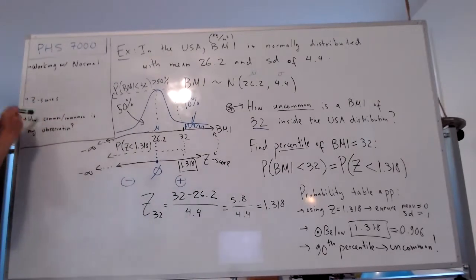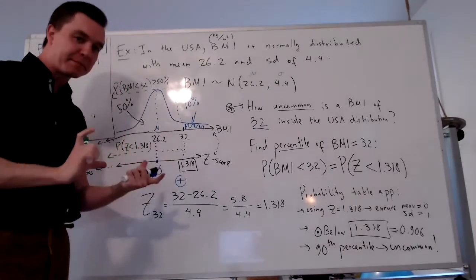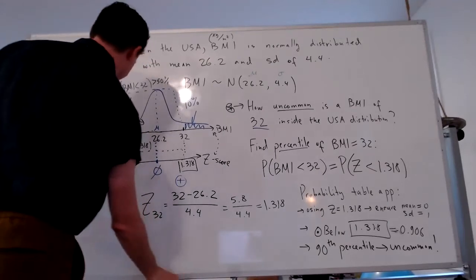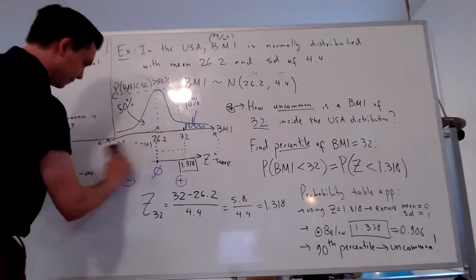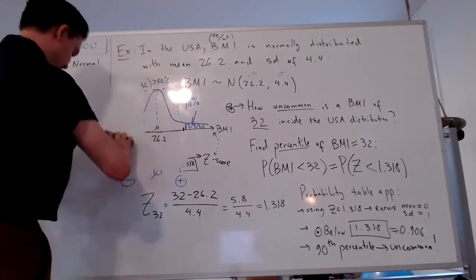So at this point, we have talked about Z-scores. We have talked about how telling an example of a common observation and an uncommon observation. There's only one thing left to do for this lecture. I'm going to just redraw again.